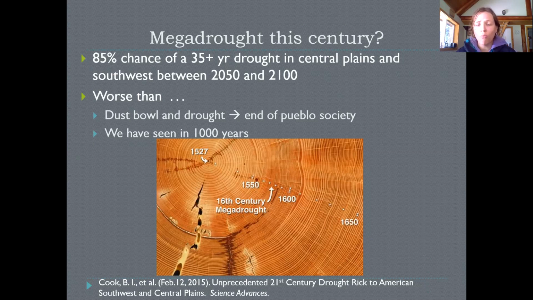It would be much more severe than the kind of drought that led to the Dust Bowl in the 1930s, or that led to the end of the Pueblo Society many hundreds of years ago. And so again, are we thinking as a society and as a government about what we would do in this kind of situation?